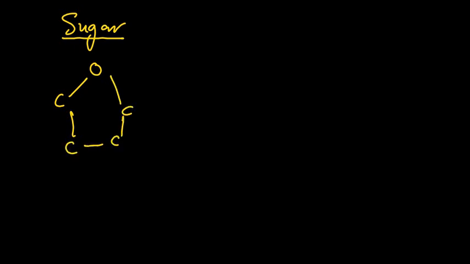This is what we expect. Of course, you have other structures. This is simply carbon number 1, number 2, number 3, number 4, number 5. This is what we mean, and we're simply saying it's a pentose.